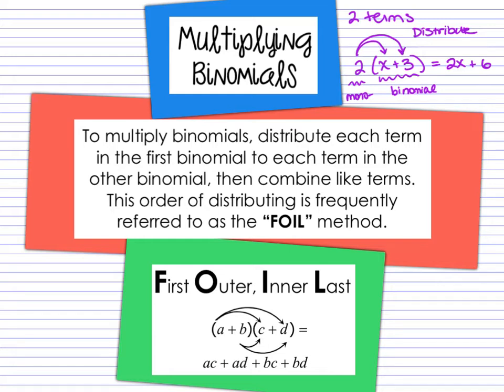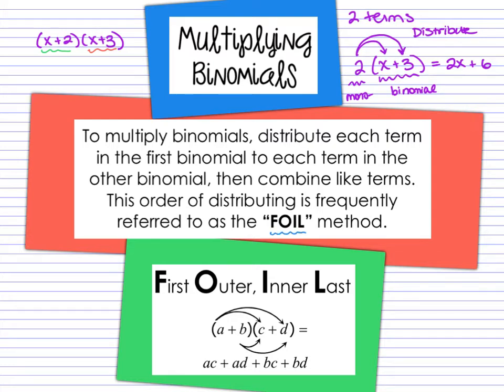But when we have two binomials, I'll write it over here on the left, something like x plus 2 times x plus 3, we have to make sure that we're multiplying every term inside the first set of parentheses times every term in the second set of parentheses. So the way we do that is to use this distributing method that we refer to as foiling.